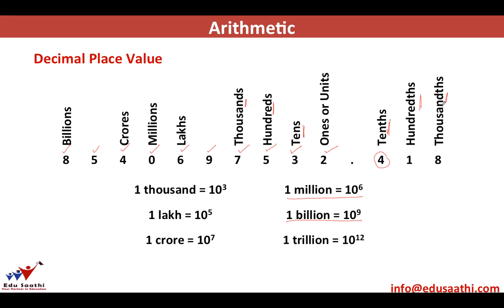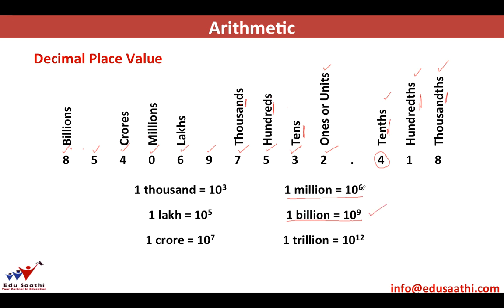So this will be the 1,000th part, 100th part, 1/10th part. So there's no units or ones part. Going left it will be ones, tens, hundreds, thousands, 10,000, lakh, millions, crores, 10 crores, 100 crores, which is also equal to a billion.